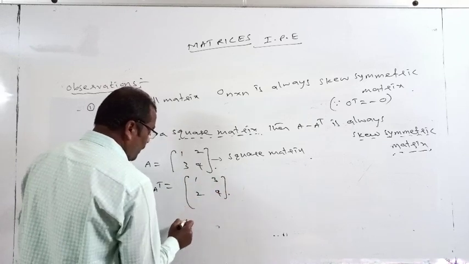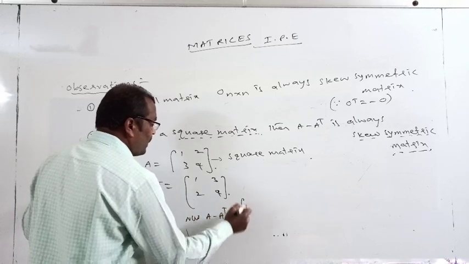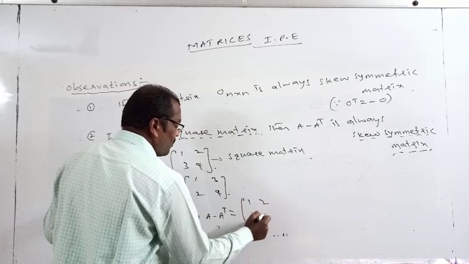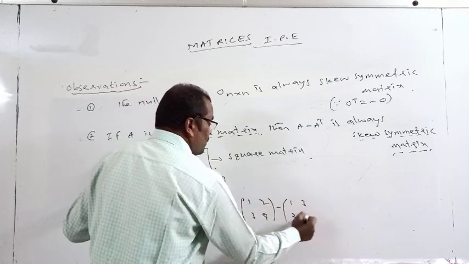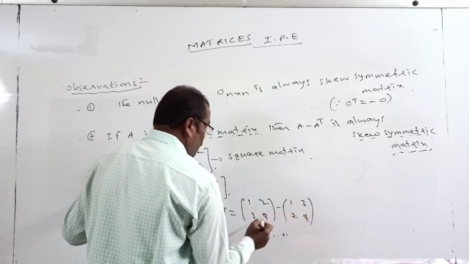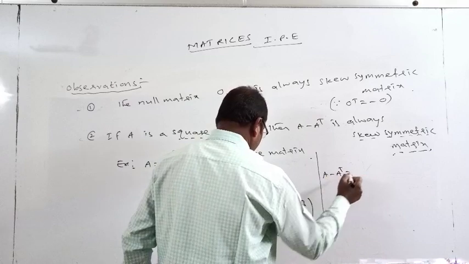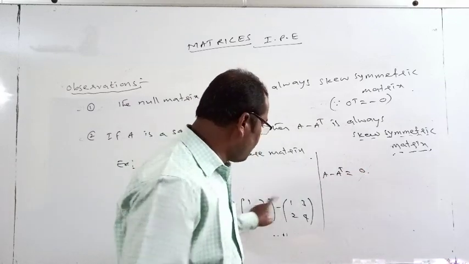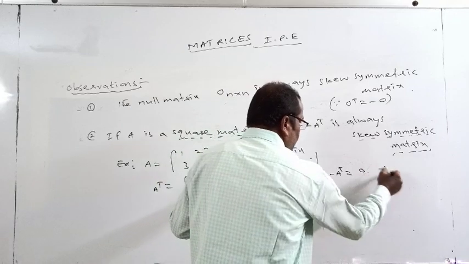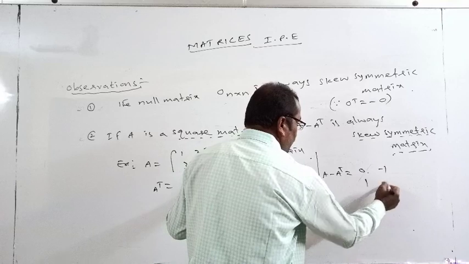Now, see A minus A transpose. What is A? 1, 2, 3, 4. So what is A transpose? 1 3 2 4. So A minus A transpose is equal to 1 minus 1 is 0, 2 minus 3 is minus 1, 3 minus 2 is 1, 4 minus 4 is 0.